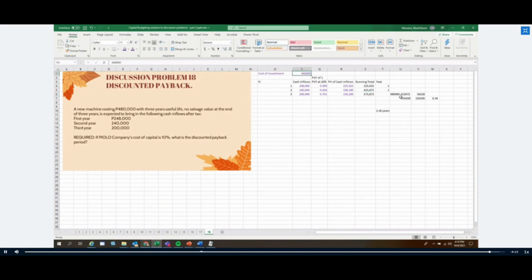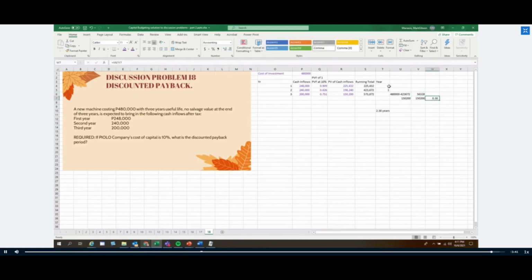So how do we now compute the proportion? 480,000 minus 423,672, divided by 150,200. 150,200 is the present value of cash inflow for year 3. Or simply 56,328 divided by 150,200, or 0.38 years.